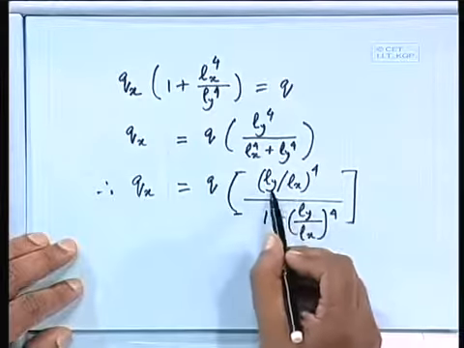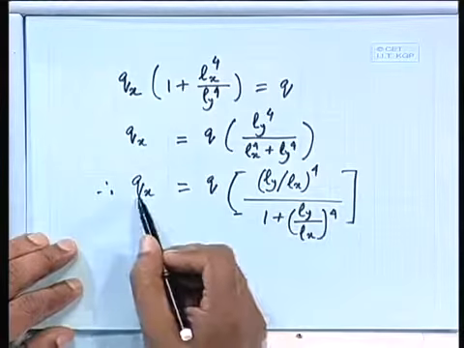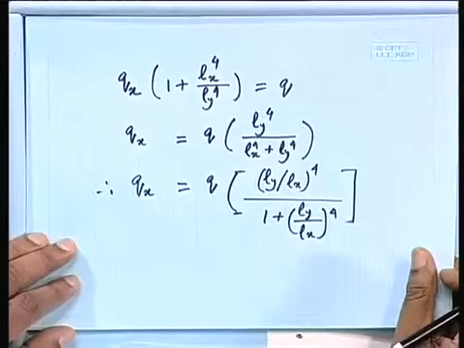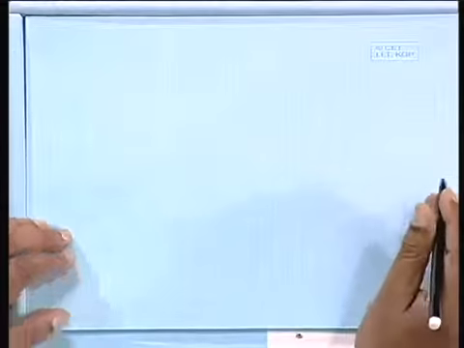So, depending on the Ly by Lx, we can find out what will be the contribution of Qx here. Similarly, we can write down the other portion also, how much will be that Qy. Let us finish this one.